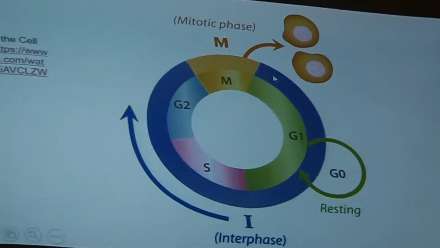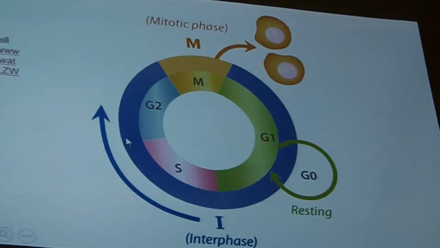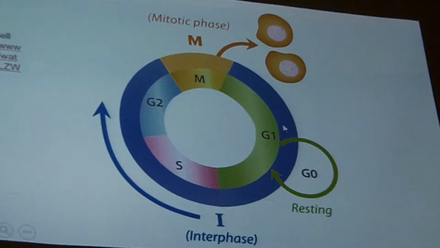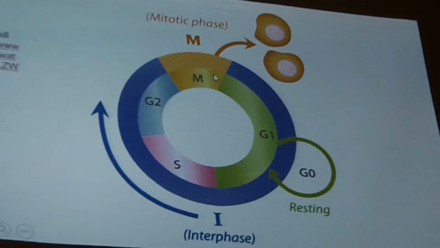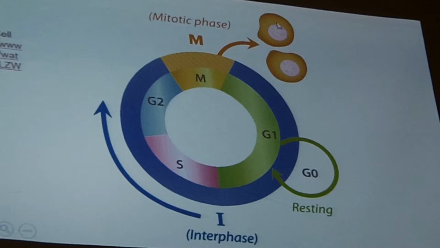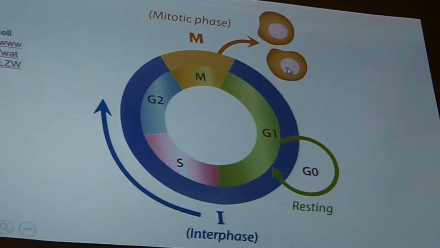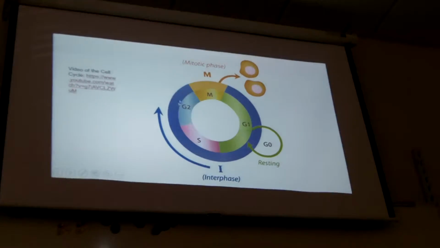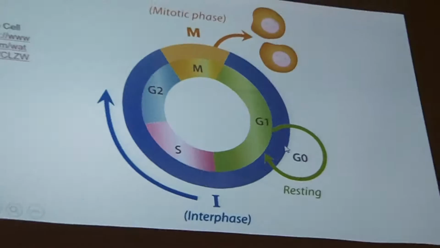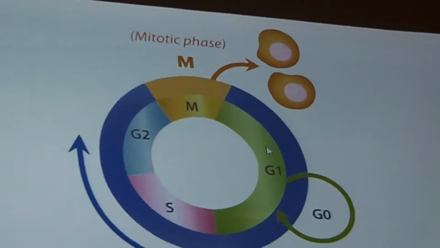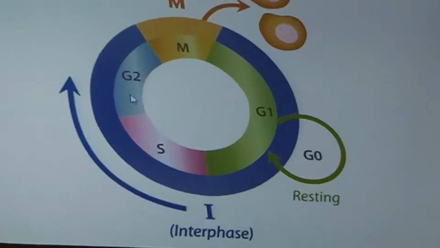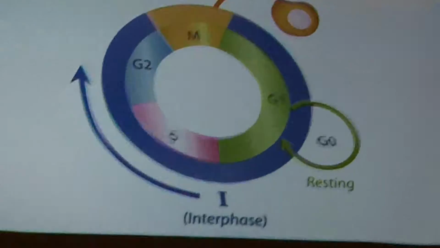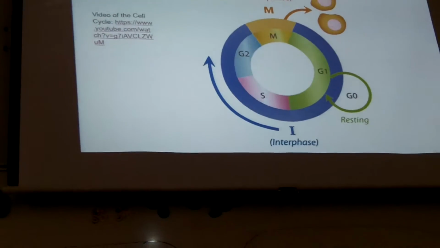So cells go through interphase, that's the big blue part, and mitosis. Interphase, and then mitosis. And after mitosis, you have 2 little bitty cells. And during interphase, this long blue phase here, there are actually 3 parts to it. There's G1, there's S, and there's G2. You're going to have to know what each of these parts are. Okay?